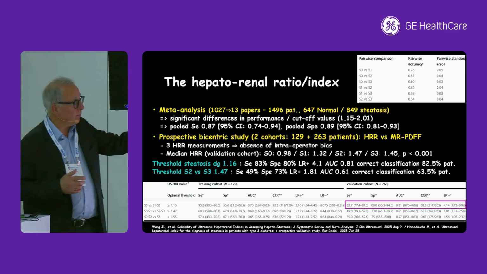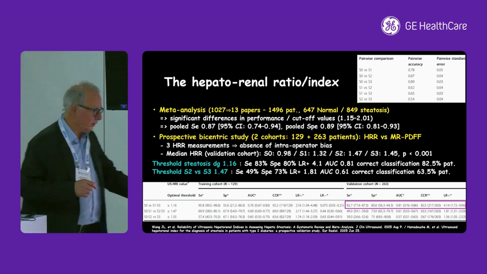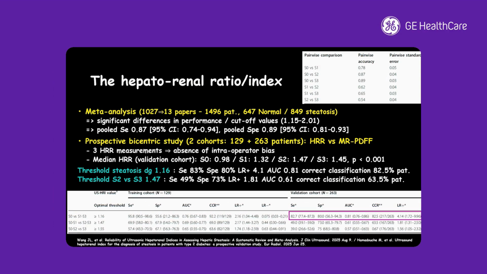And recently we published a paper from our group showing that if we want to differentiate steatosis from non-steatosis, we're doing a pretty good job with a sensitivity of 83% and specificity of 80%.